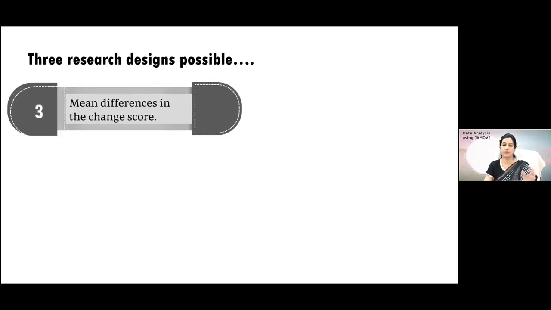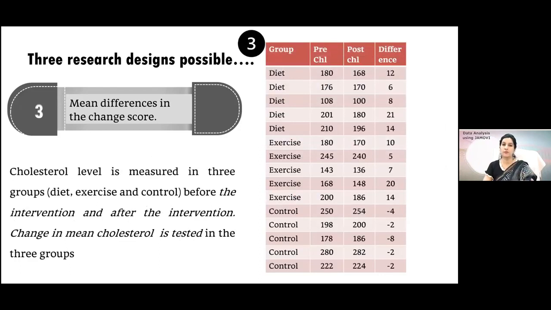The third type of research design could be if you want to see the change in the mean score, or the mean difference in the change score, like we have seen in the independent sample t-test. Here there is an intervention which is diet, like the previous one, exercise and control, and you have 2 measurements, paired values, before and after intervention. This is the before-intervention cholesterol level, this is the after-intervention cholesterol level, and this is the difference.